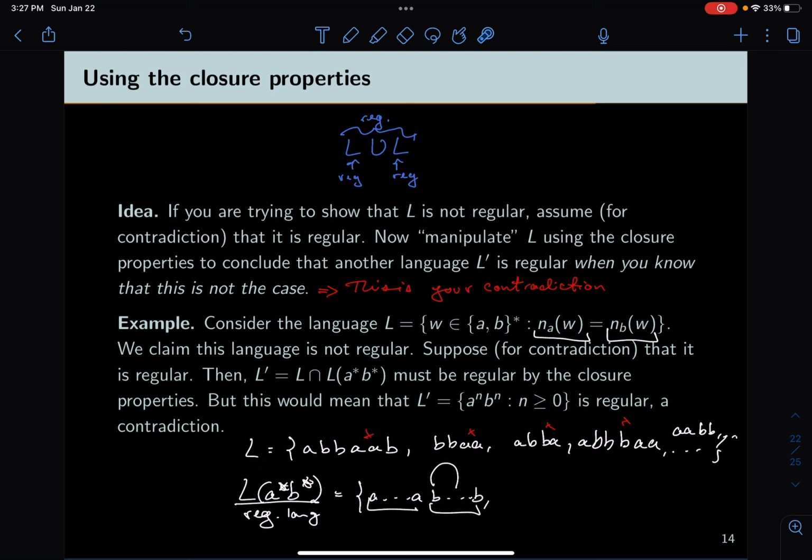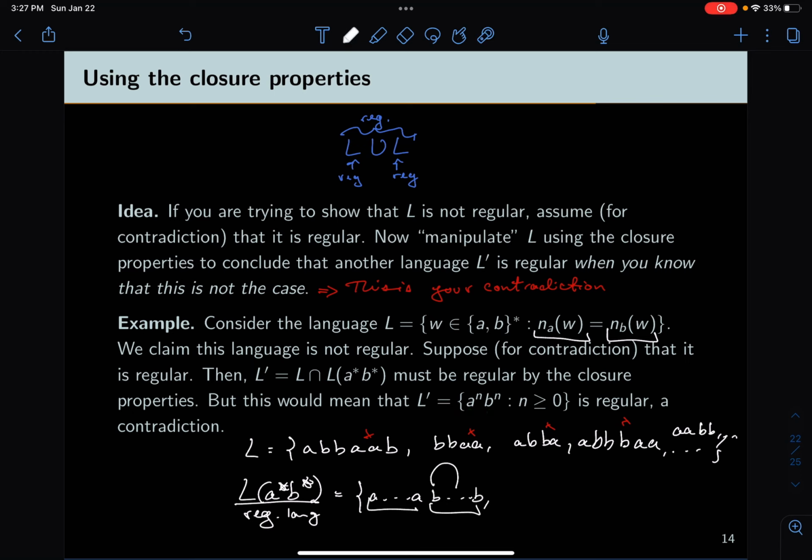That's what the intersection does. It creates a language L prime where the strings have an equal number of A's and B's, and start with A's and finish with B's, which means that the strings in L prime look like A^n B^n.